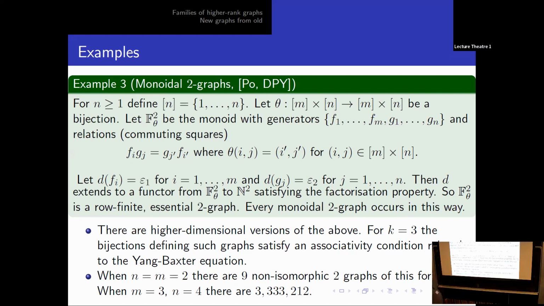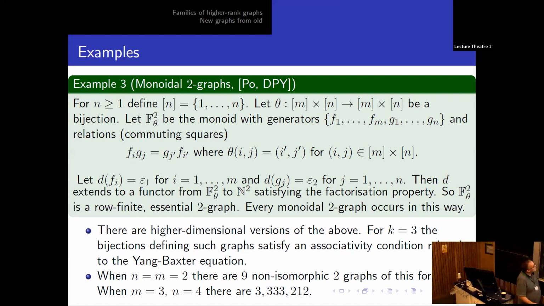And here's a way of conjuring up lots of them. So just for notational purposes, let [n] be the set of numbers between 1 and n. Then the ingredient in the picture is a bijection theta from [m] cross [n] to [m] cross [n].